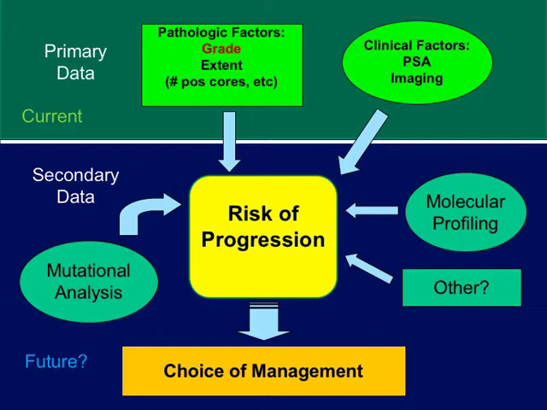PIN for sure, but intraductal carcinoma where you've got marked atypia, necrosis, and yet still an intact basal layer by itself doesn't occur much. When it's seen with cancer, it's almost always seen with high-grade cancer, Gleason patterns 4 and 5.